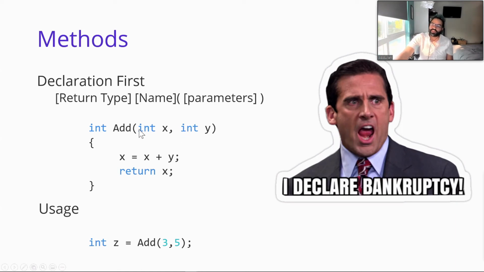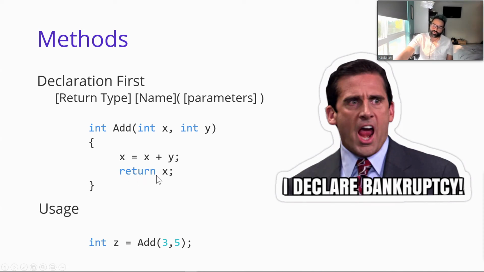So we're having here integer x and integer y. And what we're doing inside here is x plus y and making that equal to x. You can have z, you can have any other variable here really, but I'm just reusing the variable that we're using here because I don't need to create a new one. And then here I say return x. What this does is add x and y, assign it to x, and then return the value of x.